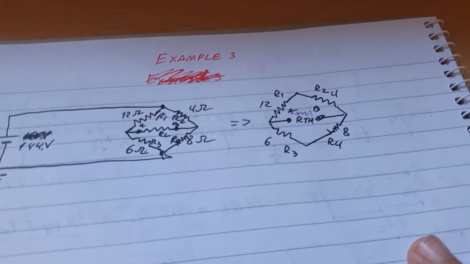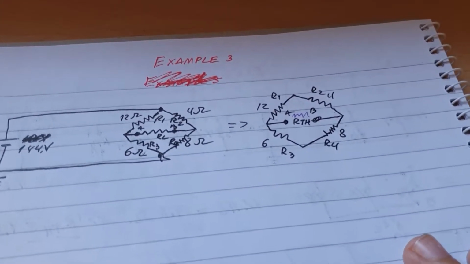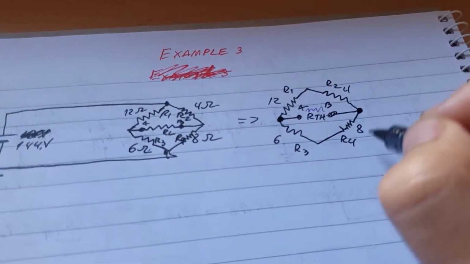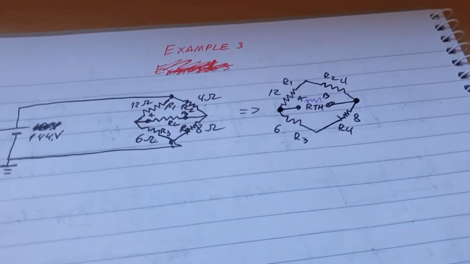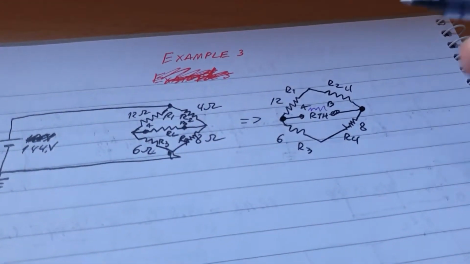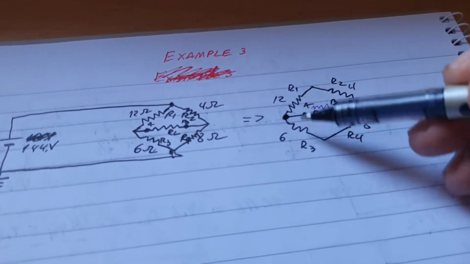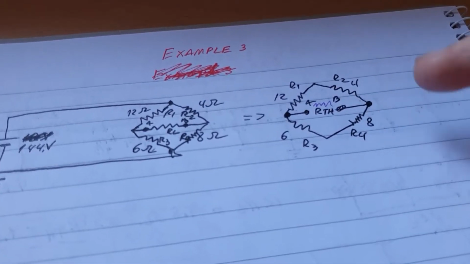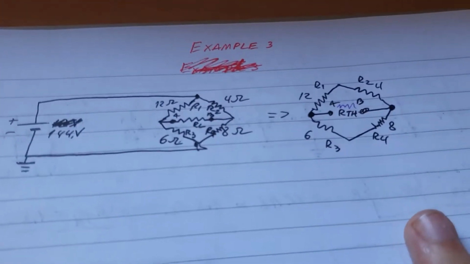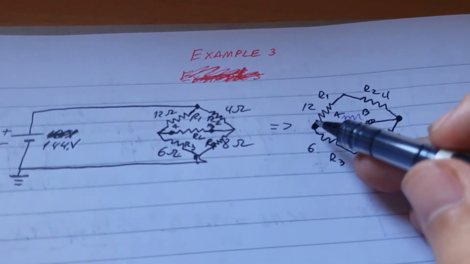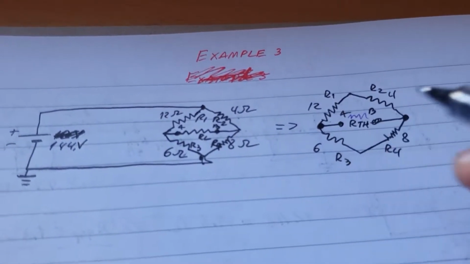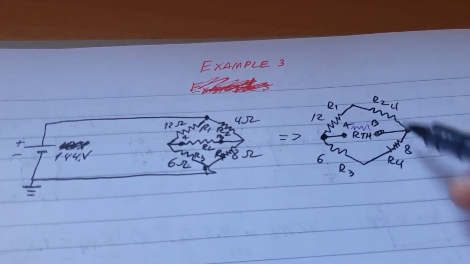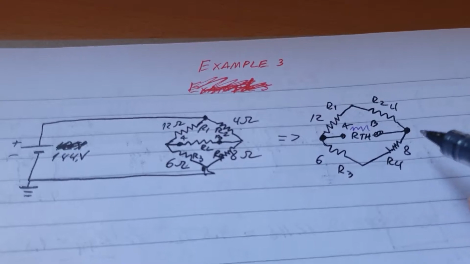So the step to find R_TH is to simply find the total resistance. We know these two are junctions, yes? So one way we can do it is to find the parallel values between these two resistors and these two resistors and then add them together. Because when you make the junction into one resistor, it becomes a series resistor with those two.